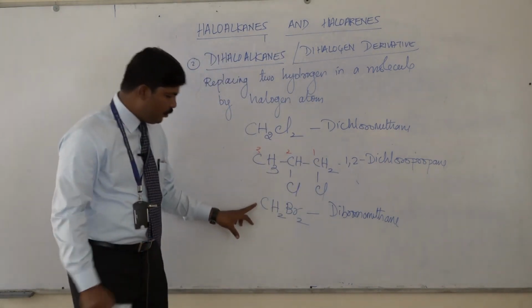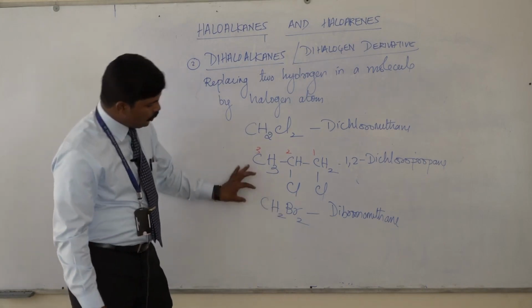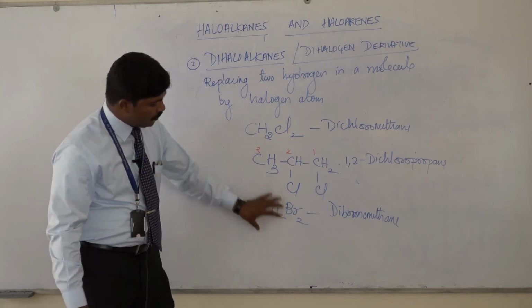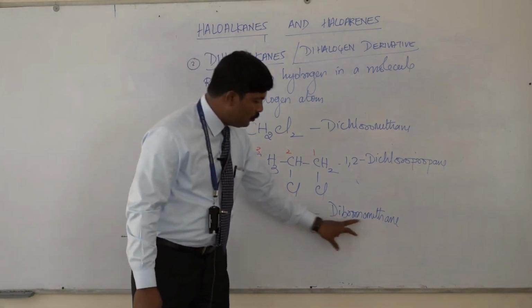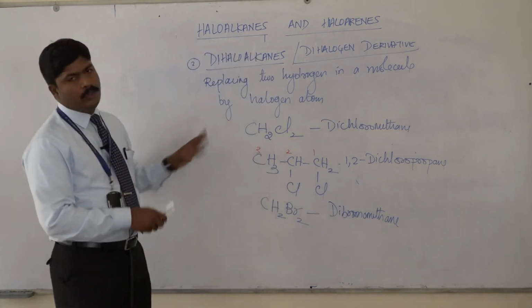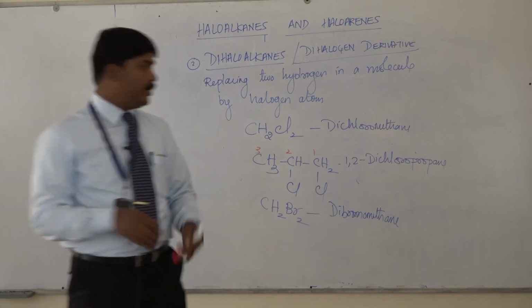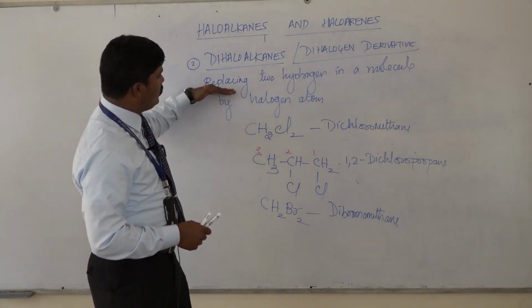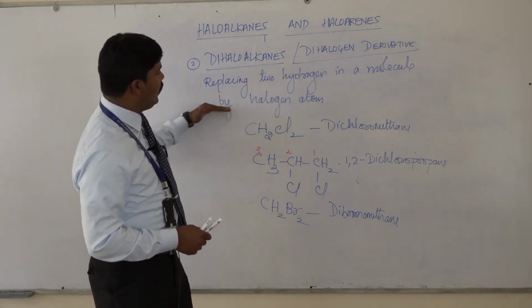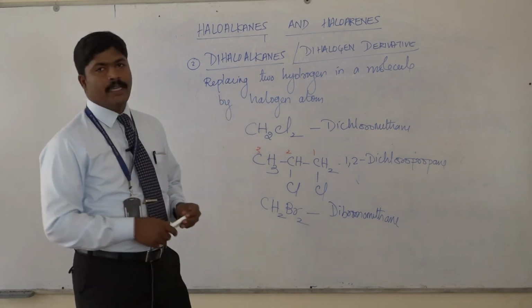Similarly, in the molecule of methane, I have replaced two hydrogens by bromine, and it's called dibromomethane. Replacing two hydrogens in a molecule by halogen atoms is called dihaloalkanes.